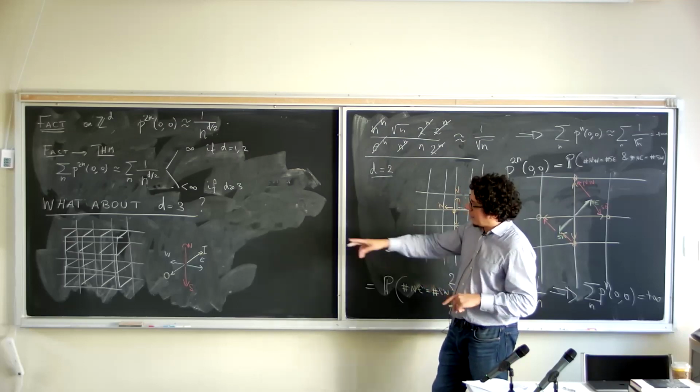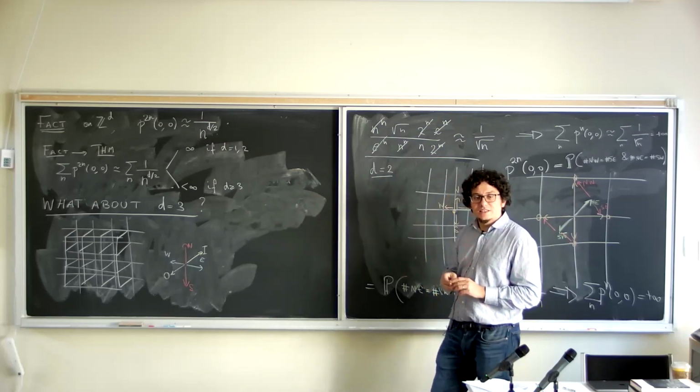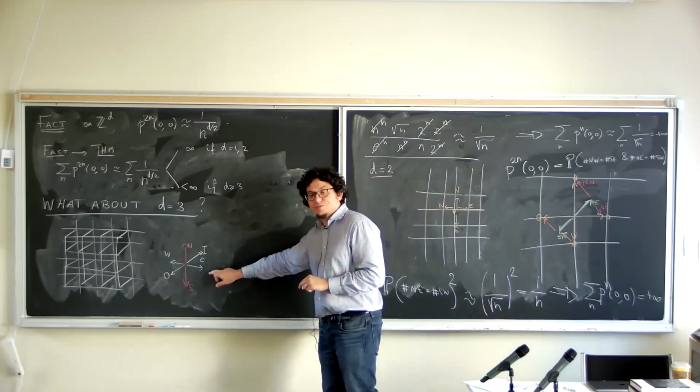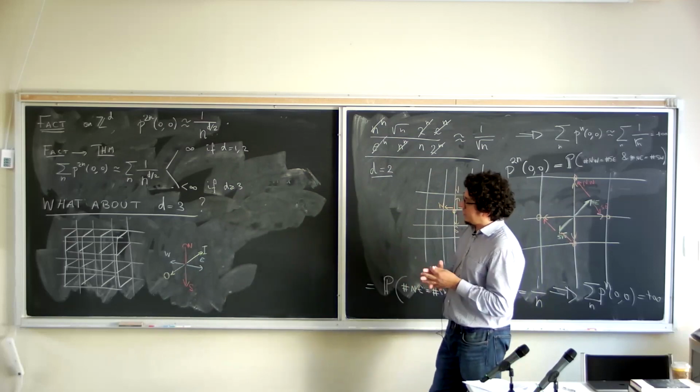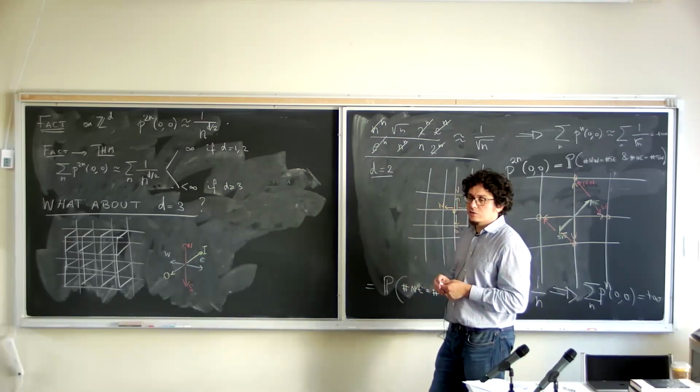Let's think about it. How many options do we have here? Yeah, here you have 6 options. And what if I do three independent 1-dimensional walks?